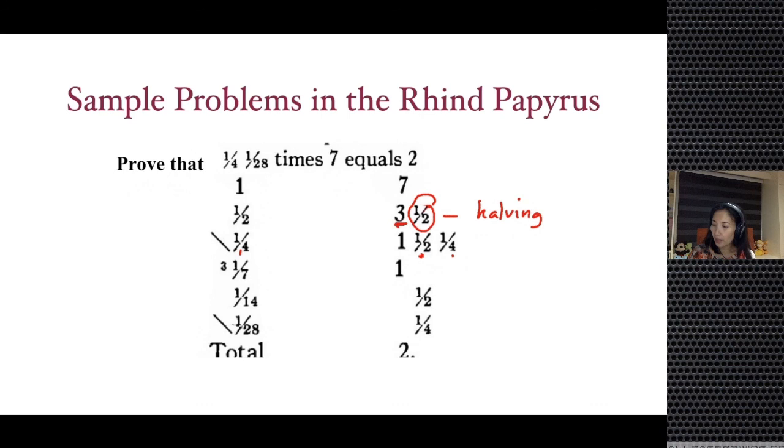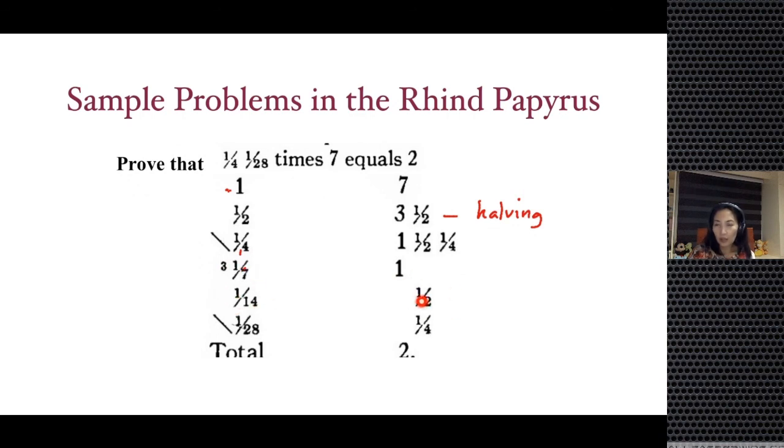Next, now we get the unit fraction 1/7 from here. 1/7 of 7 is 1. Next, half it. Half of 1/7 is 1/14, and half of 1 is 1 half.